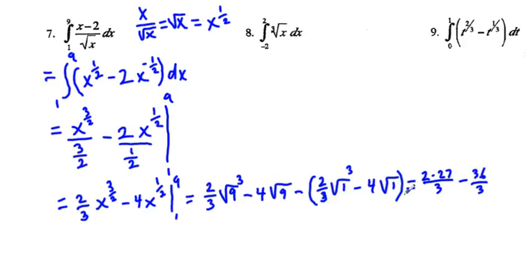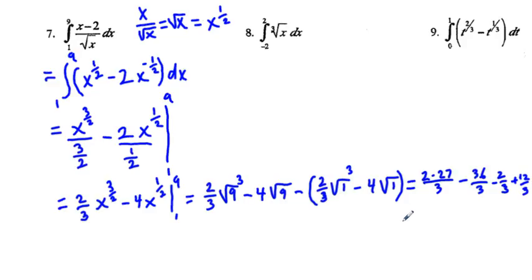Minus 12. And we're going to have minus, well, this square root of 1 cubed is just going to be 1. So we're going to have minus 2/3. And then finally we're going to have minus, so that's going to be plus 4, right, times 1. So that's going to be plus 12/3, right? Is 4 12/3? Yes, 12/3.